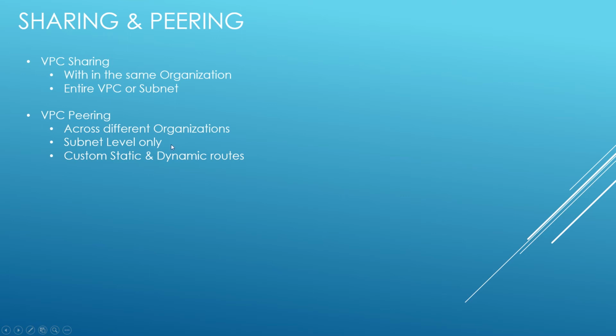So if you want to share your VPC with a different organization or with a partner, what you can do is create a subnet and limit the resources in the subnet to whatever resources you need to share with your partner. That way you can limit the blast radius.